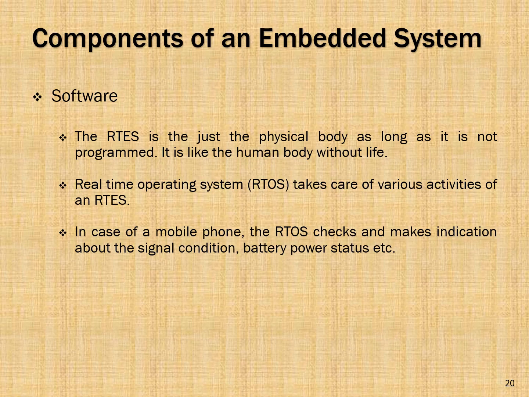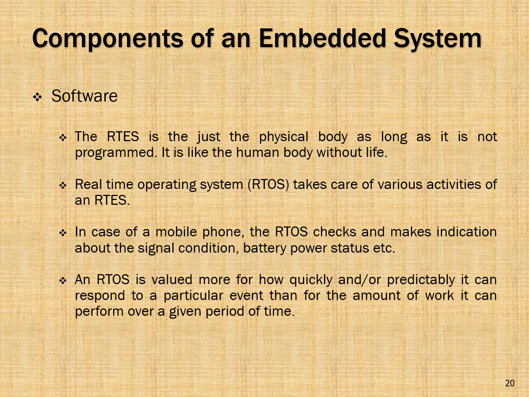In case of a mobile phone, the RTOS checks and makes indication about the signal condition, battery power, status, etc. Then an RTOS is valued more for how quickly and predictably it can respond to a particular event than for the amount of work it performs over a given period of time.